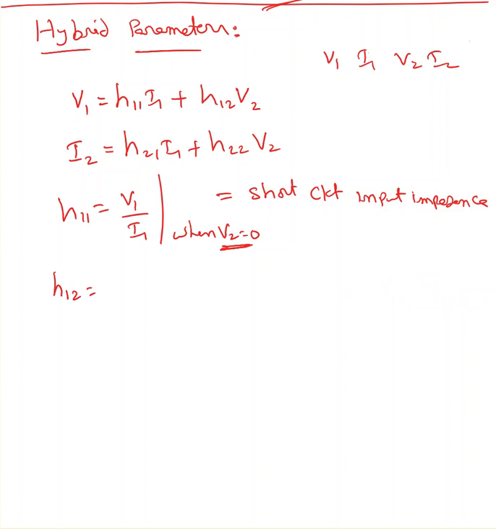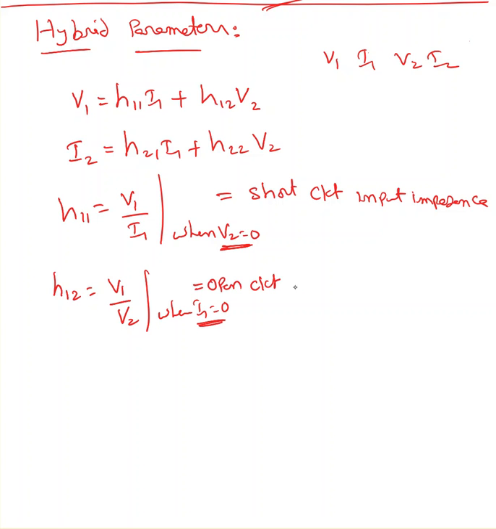h12 is v1 over v2 when i1 equals 0. This is called open circuit. Whenever you see i1 current is 0, that's an open circuit.